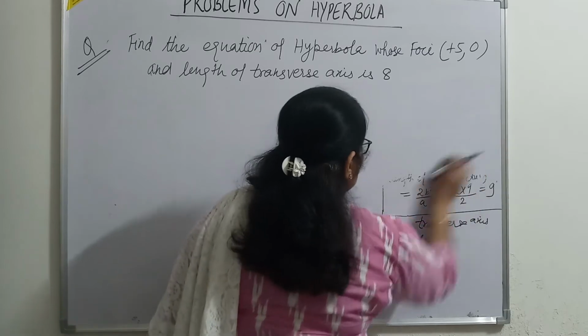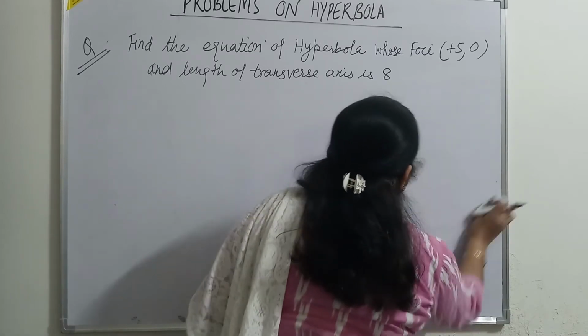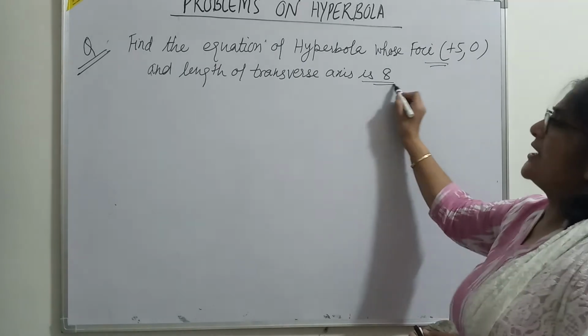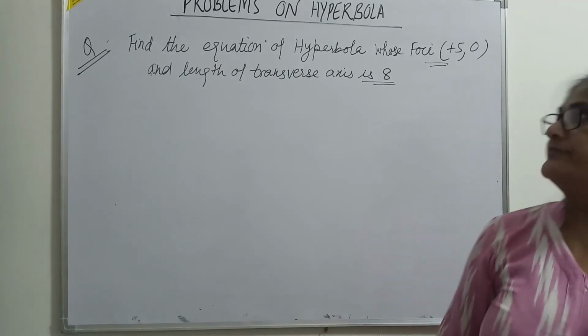Now see the question. In the question, what is given? Foci is given and length of the transverse axis is given.